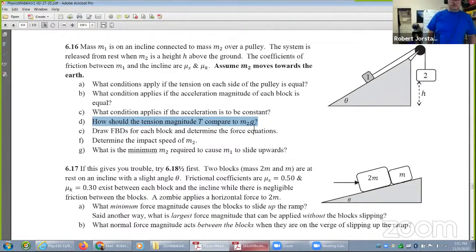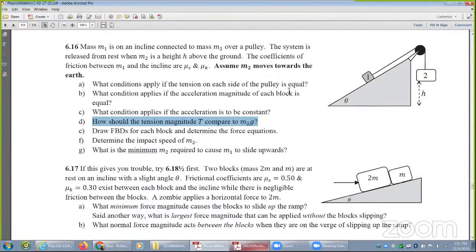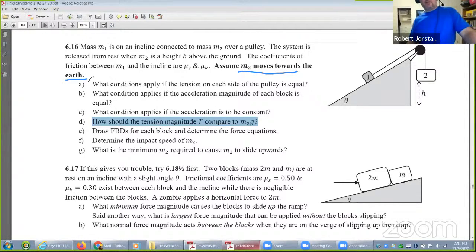Exactly. Now, do you think this thing is accelerating or not? I would say so. What gives you that clue? Moves towards the Earth. Okay, so we know it's going to move towards the Earth, but how do we know it's not just moving at constant speed?